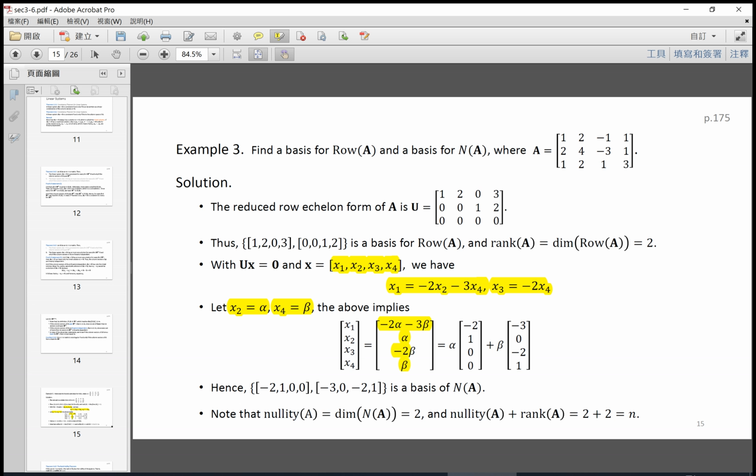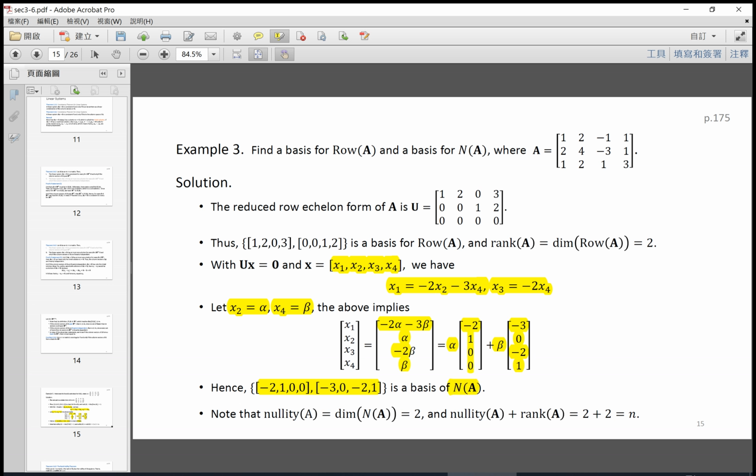So the solution to the null space can be written as alpha times a vector plus beta times another vector. Now the two vectors form a basis of the null space.